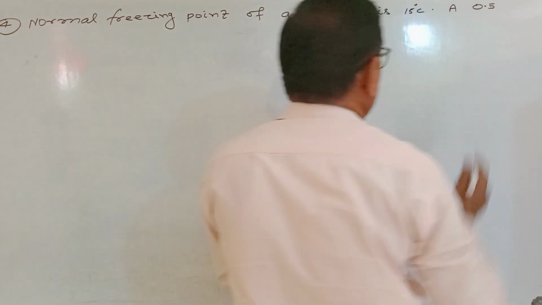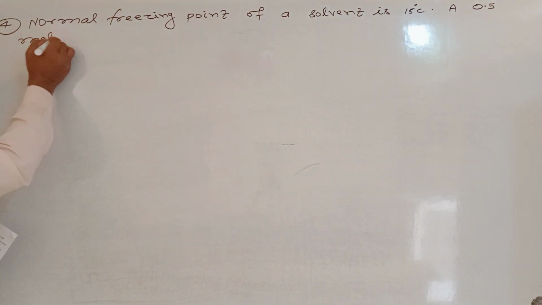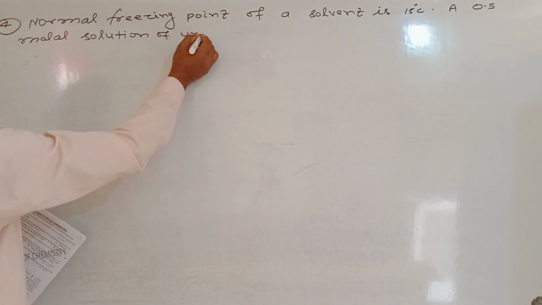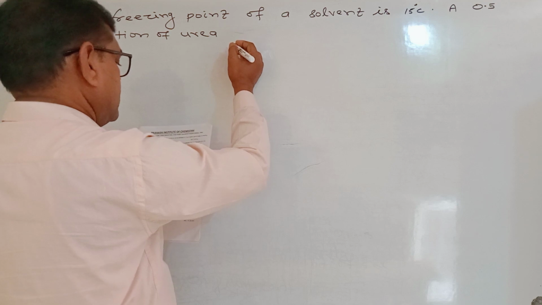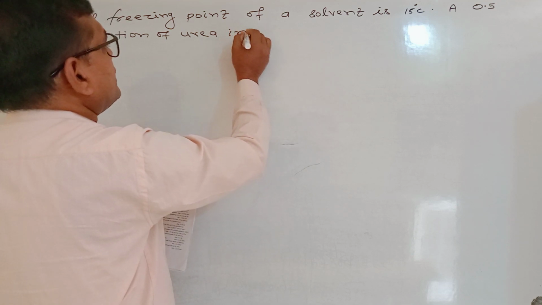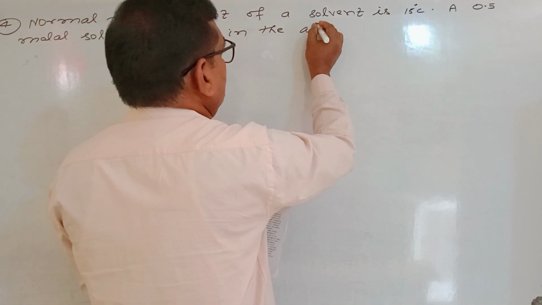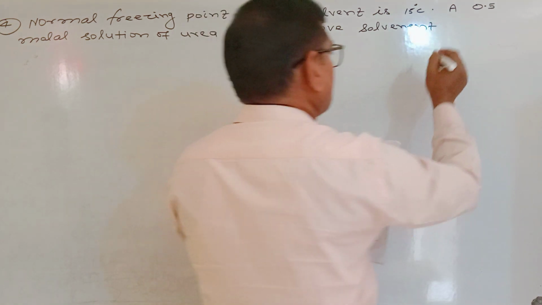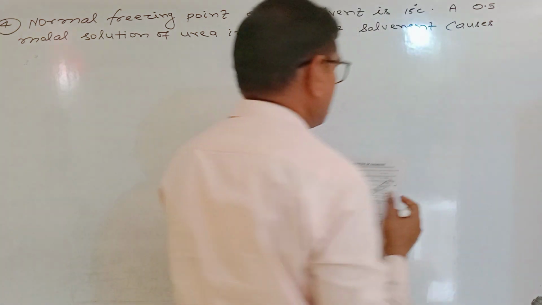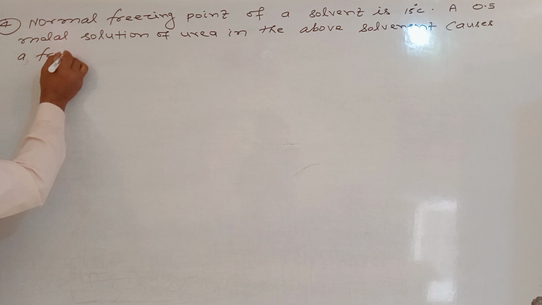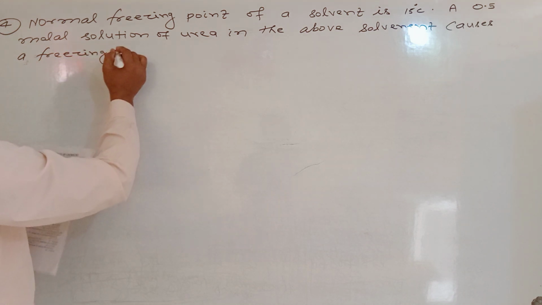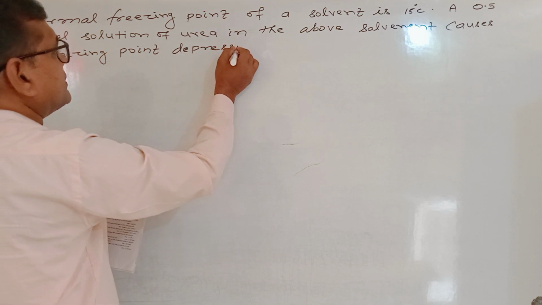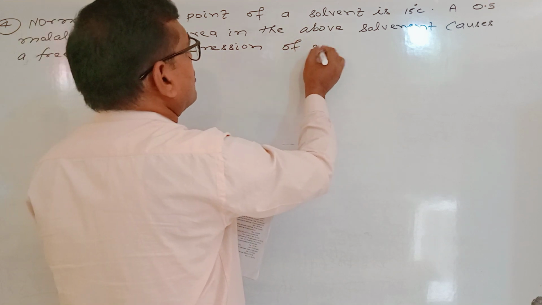A 0.5 molar solution of urea in the above solvent causes a freezing point depression of 2 degrees Celsius.